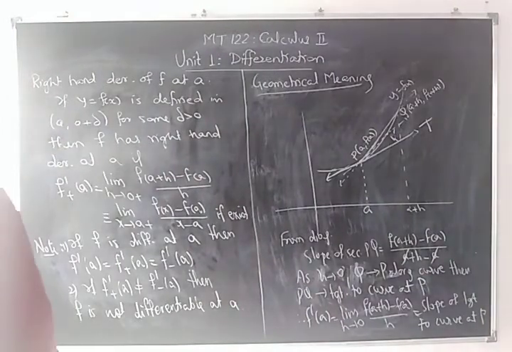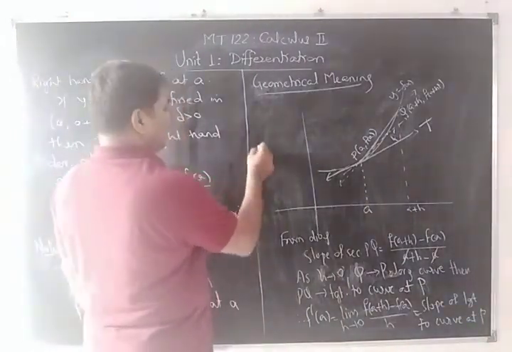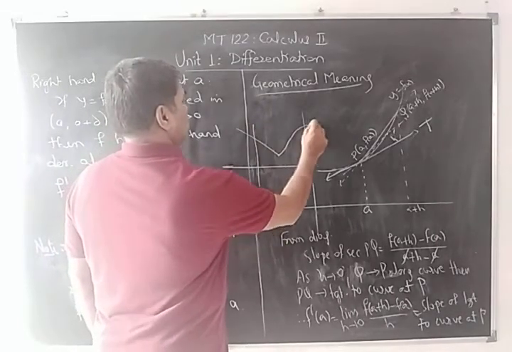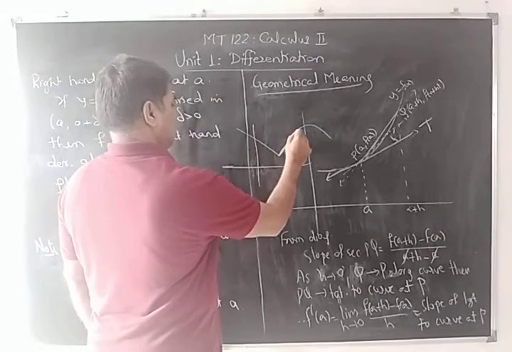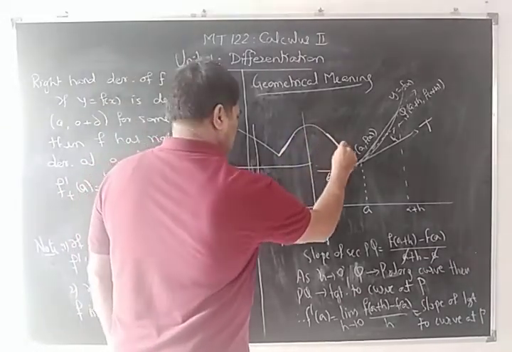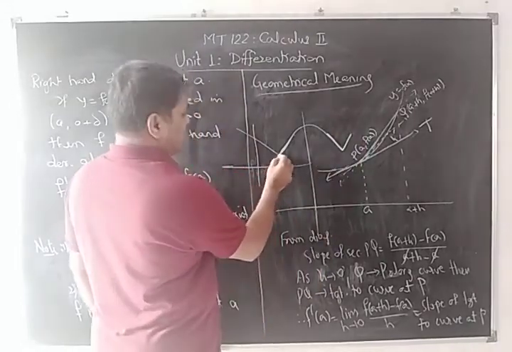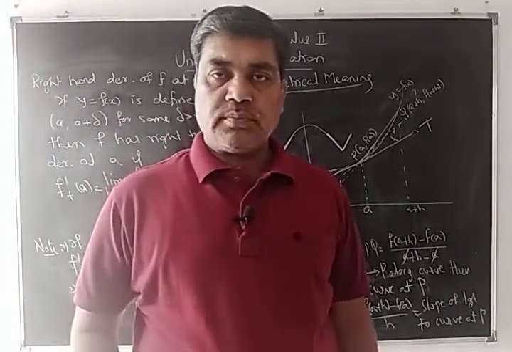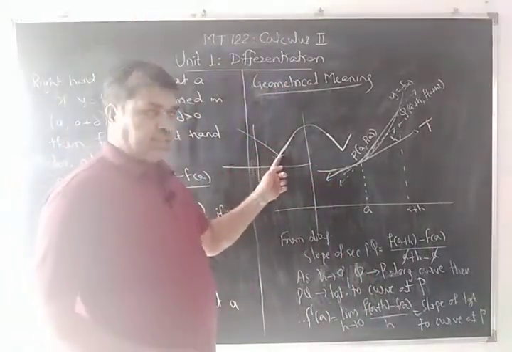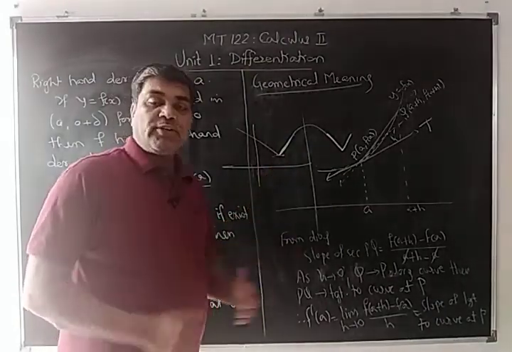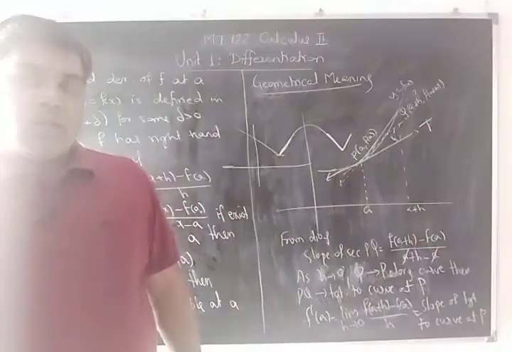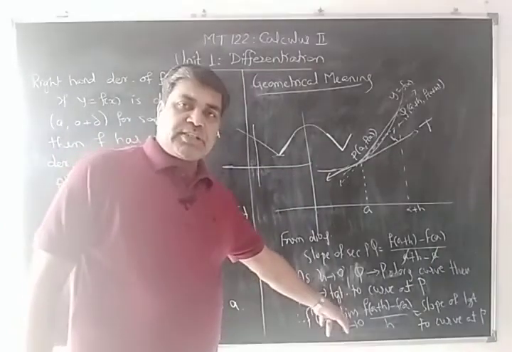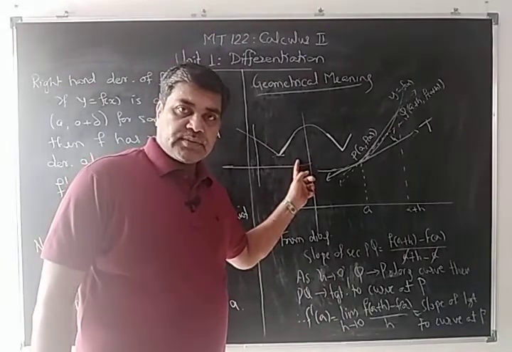Means geometrically, if I have such a type of point where an angle is formed, at that point you cannot draw the tangent. Therefore, as the tangent doesn't exist, this limit cannot exist at that type of point.